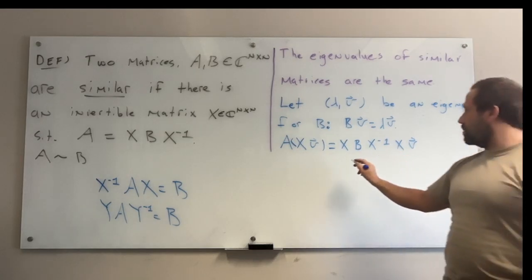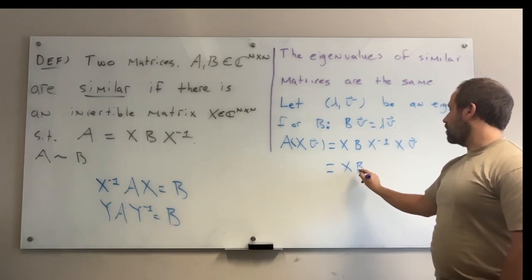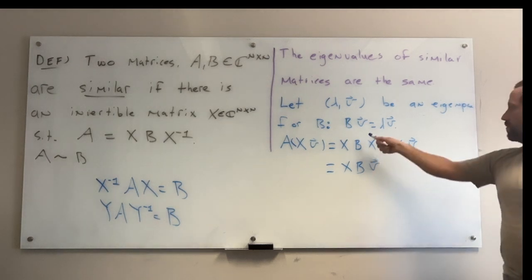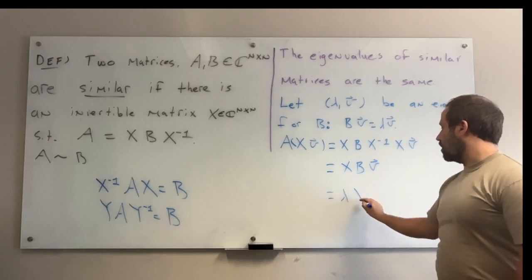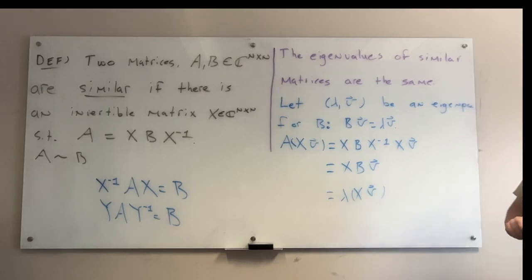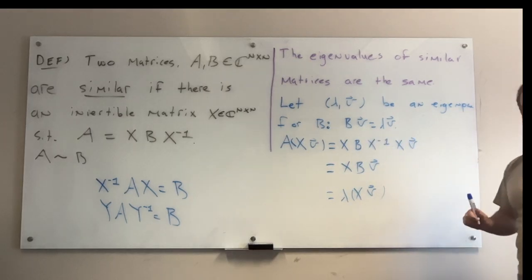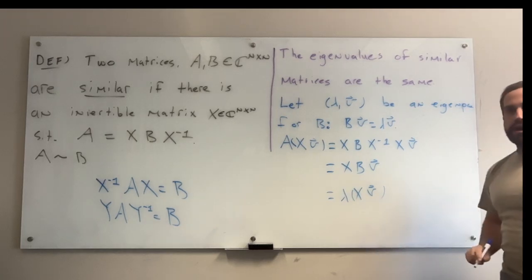That's just the identity matrix. And so this is going to be X times BV. But what is BV? BV is equal to lambda V. And so this is lambda times XV. So in other words, if V is an eigenvector for B, then XV is an eigenvector for A, and it has the same eigenvalue lambda.